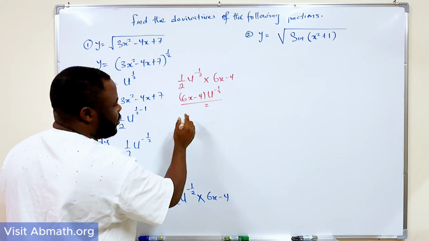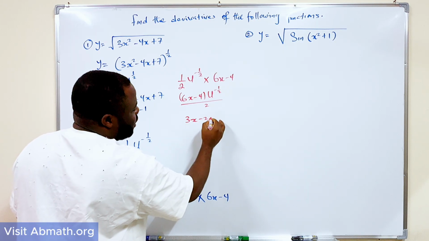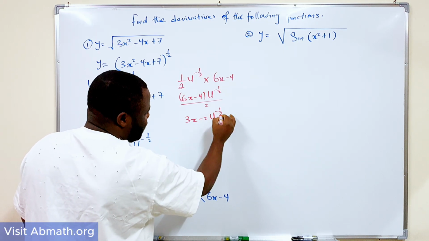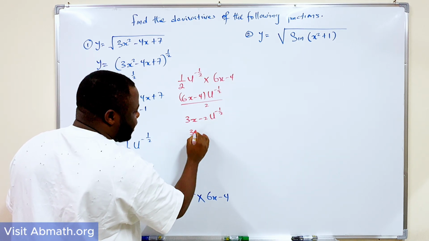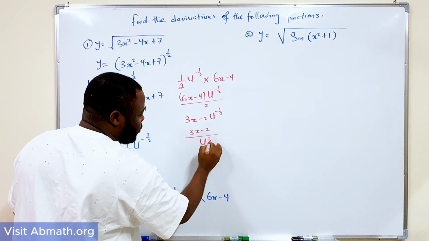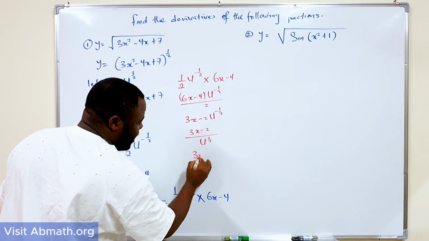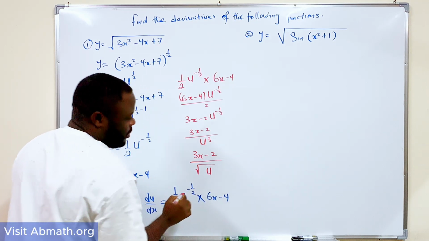So we can use this to divide this. You have 3x minus 2, then u to the negative 1 over 2. All right, so we can still simplify this to be 3x minus 2 over u to the 1 over 2. This is the same thing as 3x minus 2 over the square root of u, right?